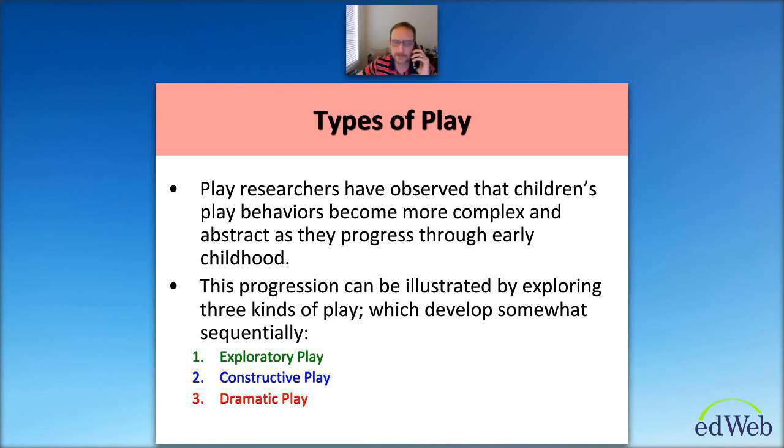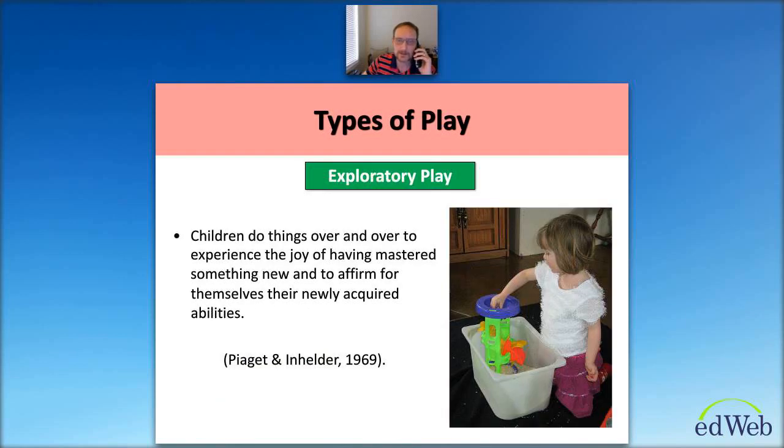There are three different types of play that I want to look at, which are, first of all, exploratory, constructive, and dramatic. The next slides will discuss what those are. When we talk about exploratory play, we're talking about when kids are tinkering around with something, and as they tinker around with something, they soon discover a relationship or a cause and effect discovery that leads to other types of curiosity and inquiry that then leads to further inquiry.